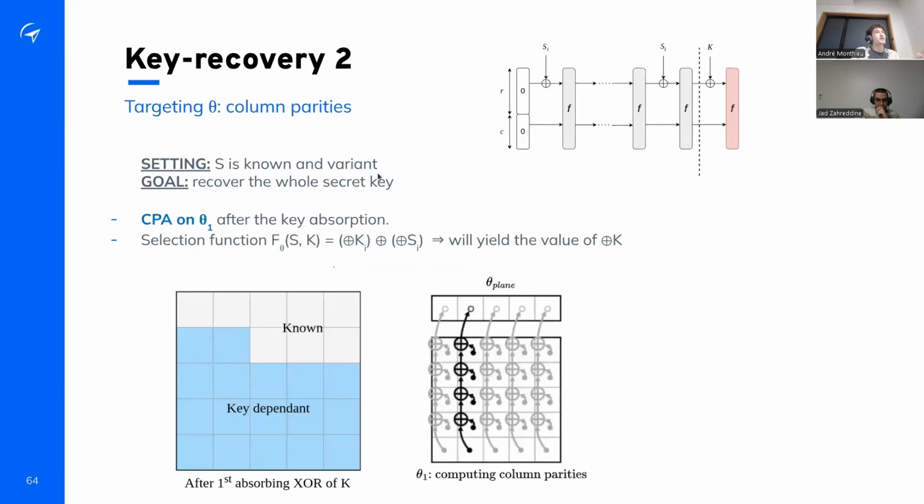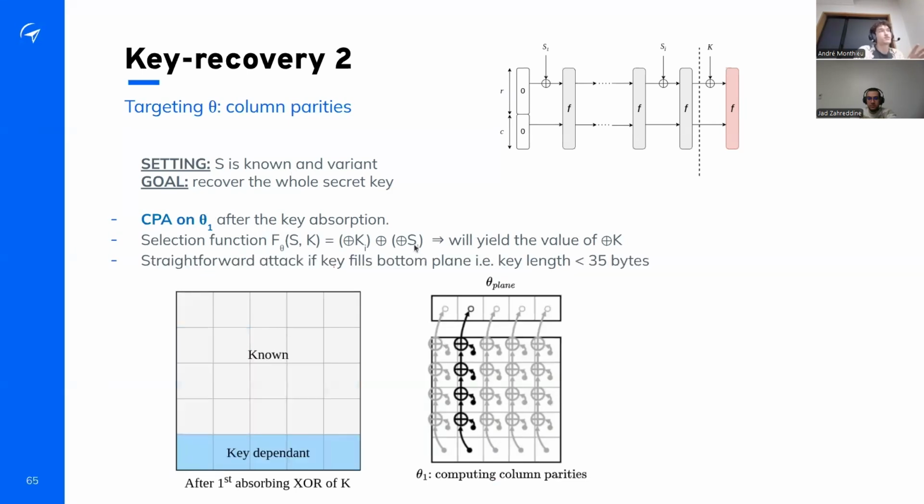So remaining in this ideal scenario where the customization string is known and variant, we can be targeting after the absorption of the key. So let's say the Keccak-f permutation right after. And more specifically, theta, the first step. And the first step of theta, theta1, so the column parity computation. This attack becomes really straightforward if the key only fills up the bottom plane here in blue.